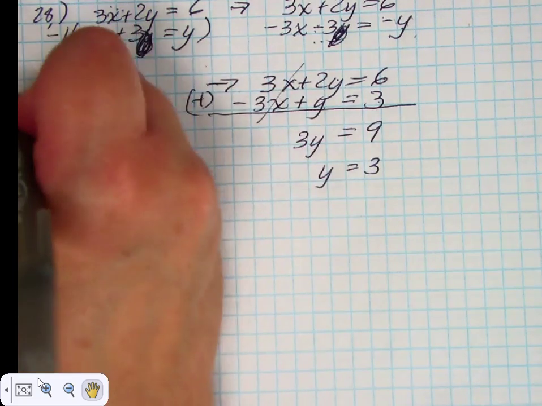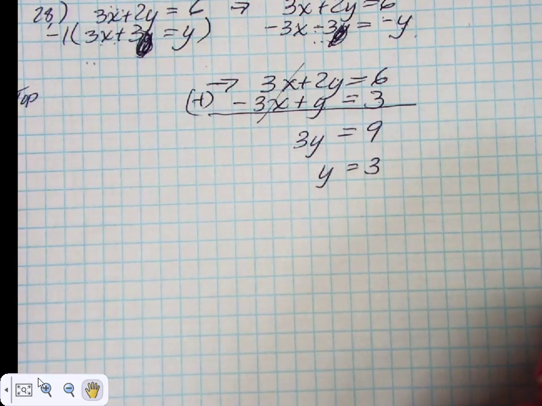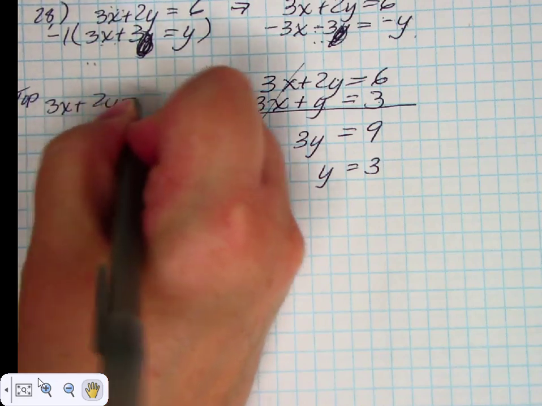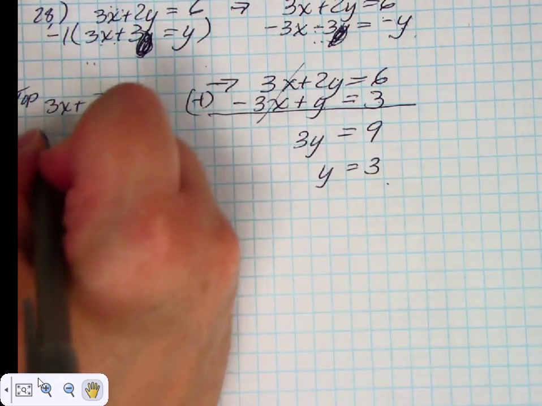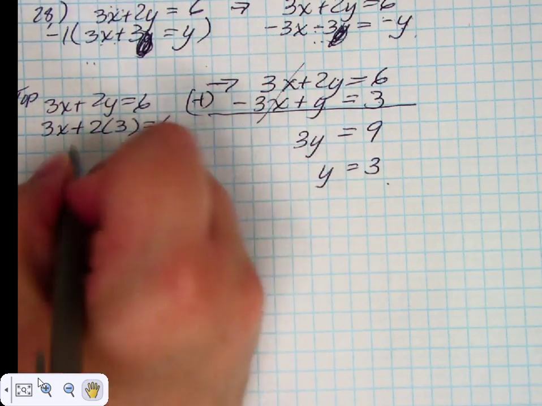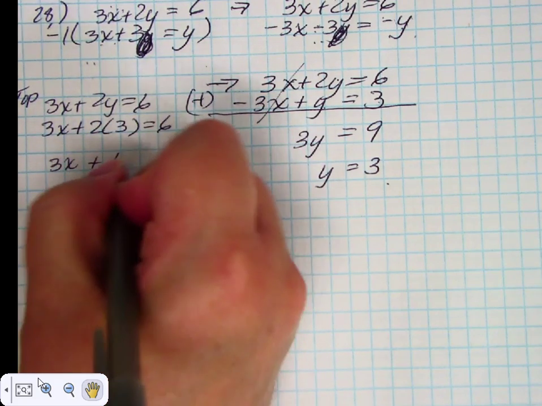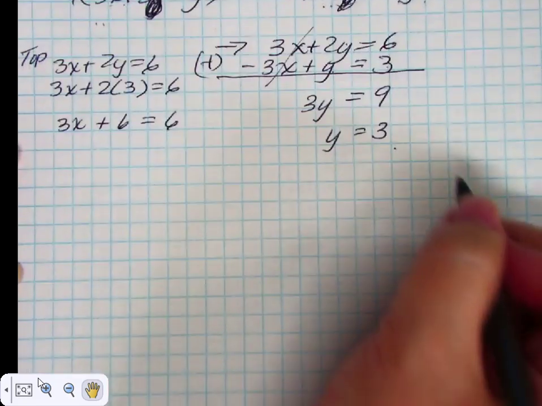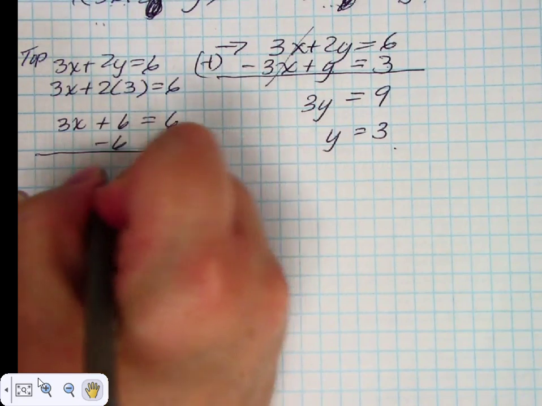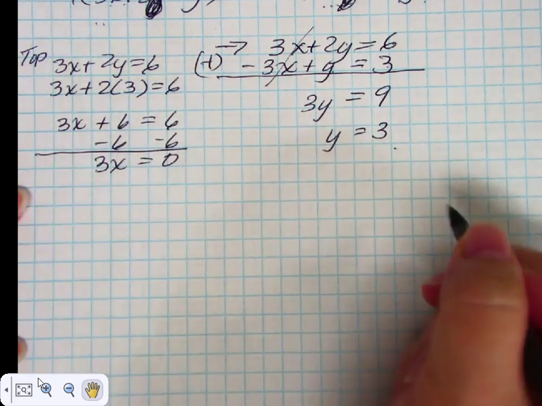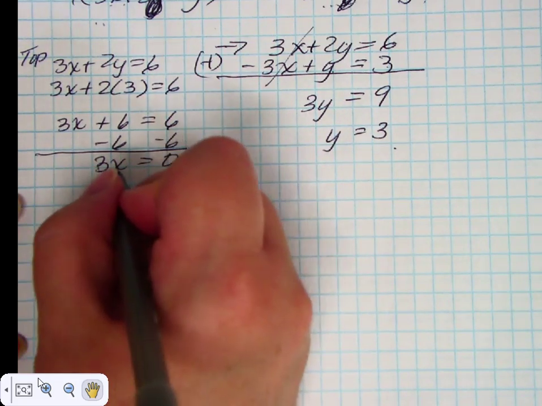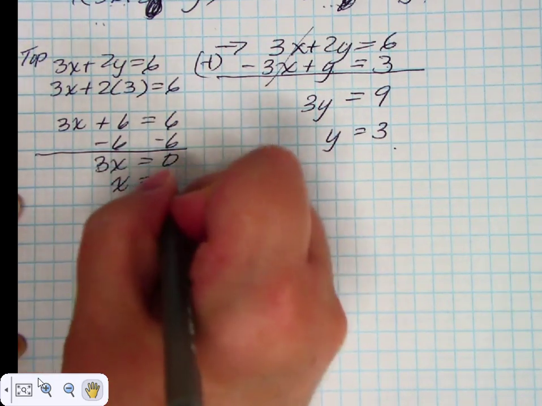Remember, use the top to find the other variable. So we're going to say 3x plus 2y equals 6. Replace the y with a 3. So 3x plus 6 is equal to 6. What's going to happen here? It's going to be interesting. If I subtract 6 from both sides, 3x is equal to 0. Well, if 3 times x is equal to 0, then x has to be 0.